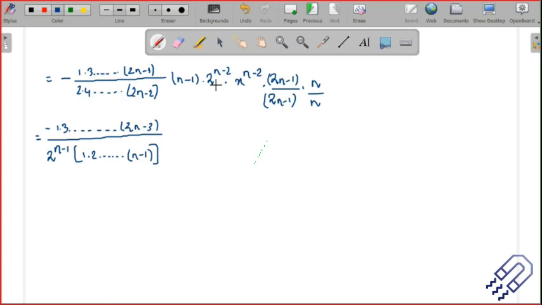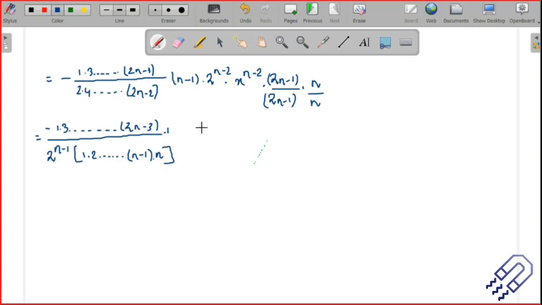Okay, so maybe let me just modify this once, and then maybe we can easily do it. So I can take one n inside this n. I can actually take it inside. So I will take this n inside rather. So you know from where this n is coming. Okay, and what are we left out with?